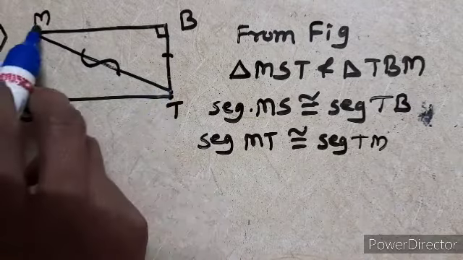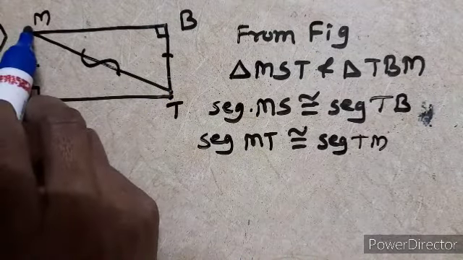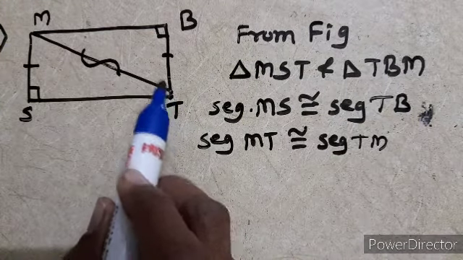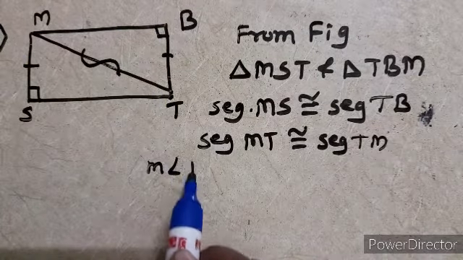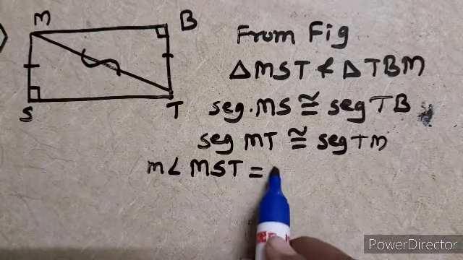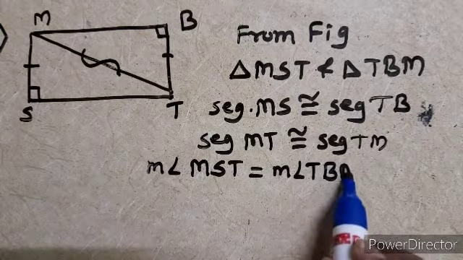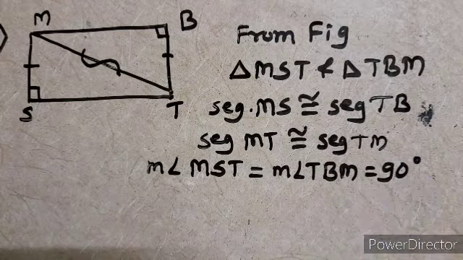And so we can observe that measure of angle MST is equal to measure of angle TBM, it is equal to 90 degrees.